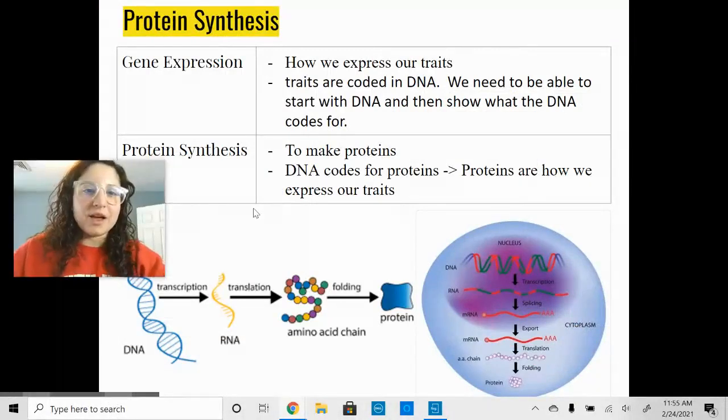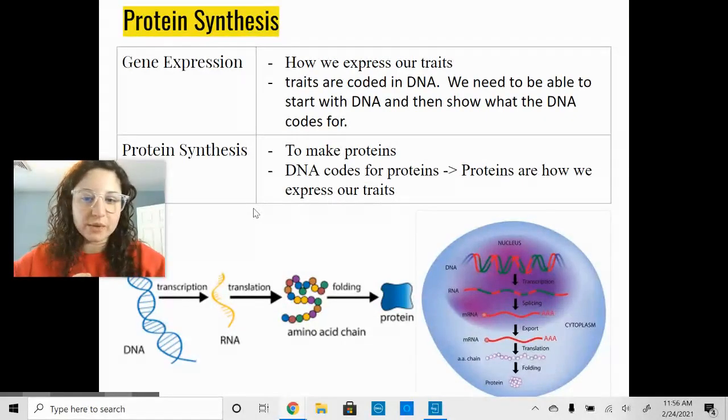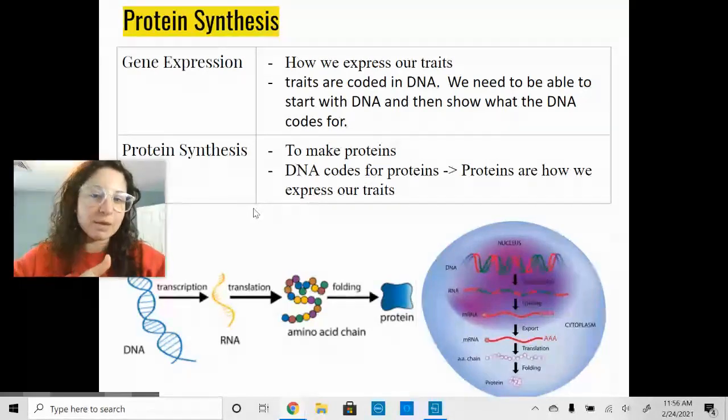Like I was saying, gene expression is how we actually express our traits. If our traits are coded in DNA, we need to be able to start with the DNA and then show what the DNA actually codes for. So we go from DNA to free earlobes. Protein synthesis. Synthesis means to make. We are making proteins.